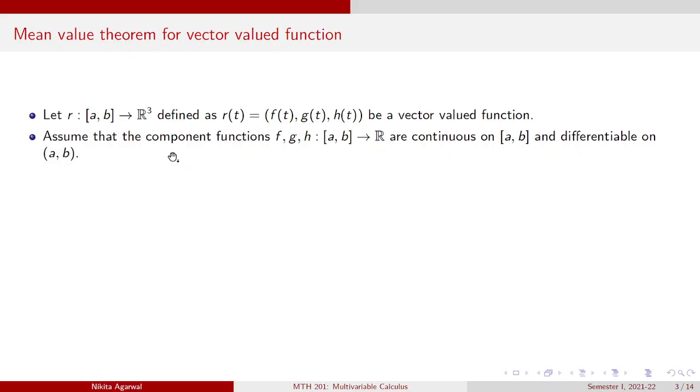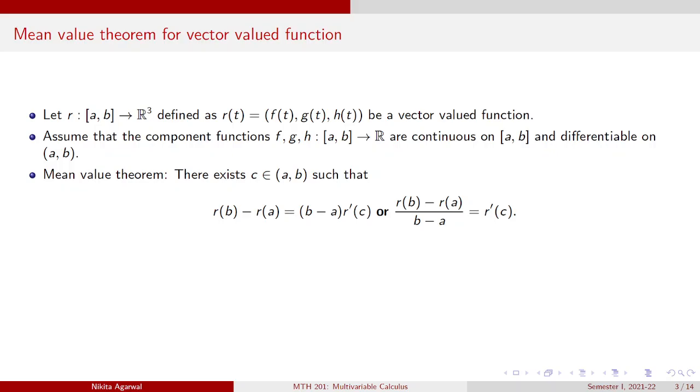We make this important assumption that the component functions f, g, h, which go from the closed interval [a, b] to R, are continuous on the closed interval [a, b] and differentiable on the open interval (a, b). Then the mean value theorem says that there exists a point c between a and b such that r(b) minus r(a) is equal to (b minus a), which is a scalar, times r'(c).